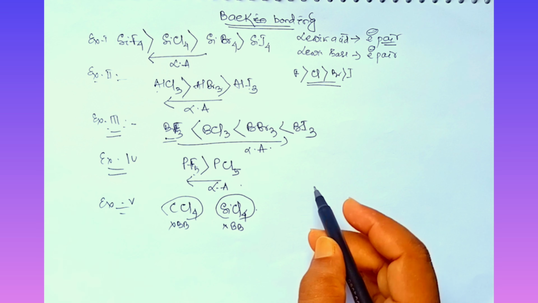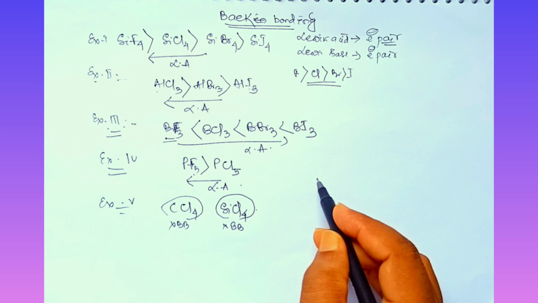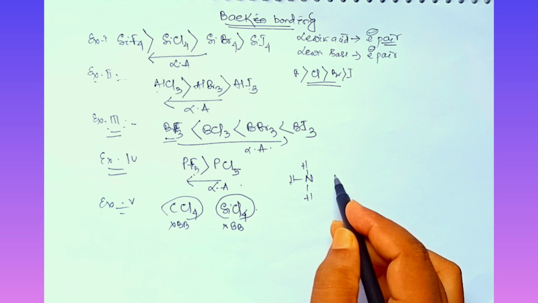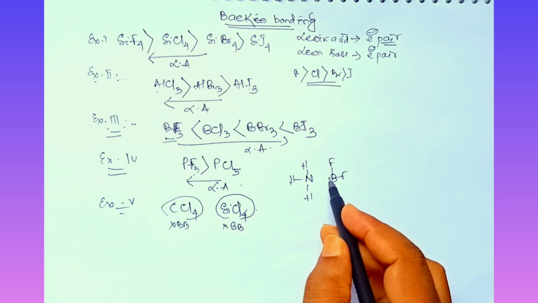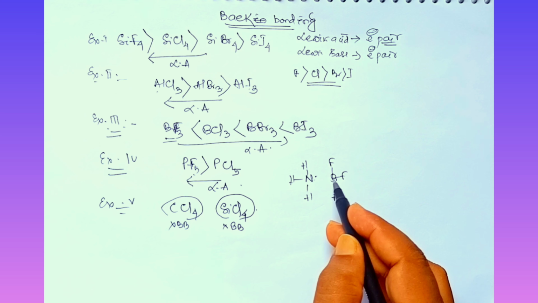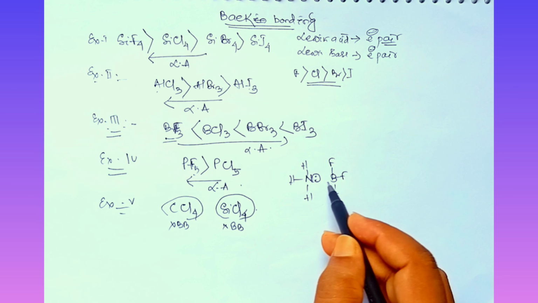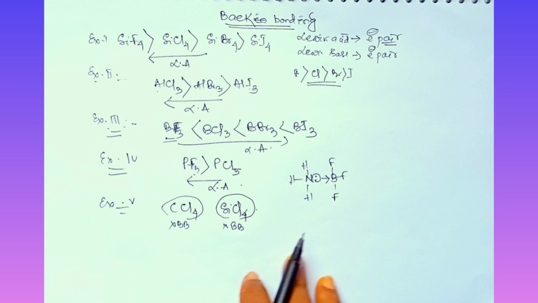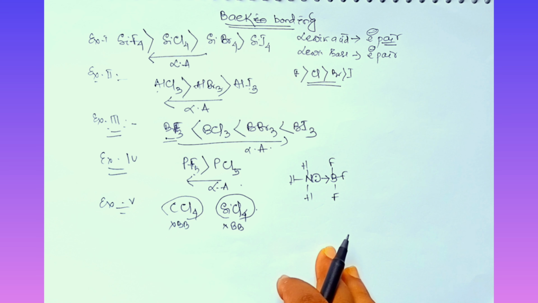Okay, suppose it's the molecule NH3 and it is BF3. Here BF3 acts as a Lewis acid and NH3 acts as a Lewis base, because it can give the lone pair to boron, because here boron has the vacant orbitals. Are you getting my point?